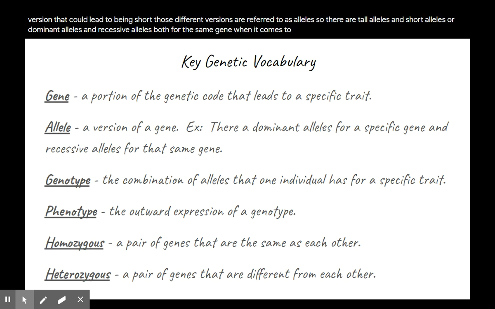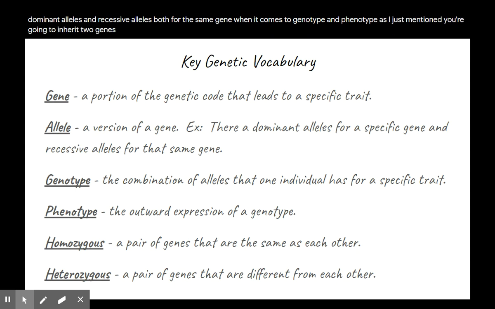When it comes to genotype and phenotype, as I just mentioned, you're going to inherit 2 genes for a trait, one from your mother, one from your father. Whatever your combination of those 2 genes happens to be, that's your genotype.